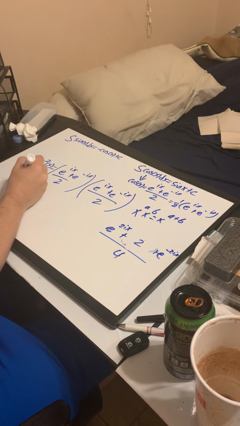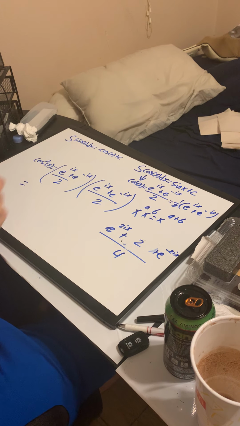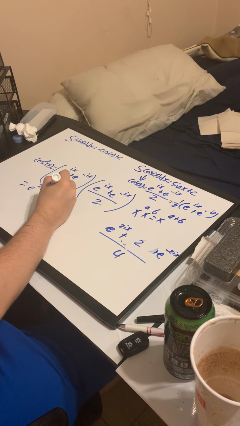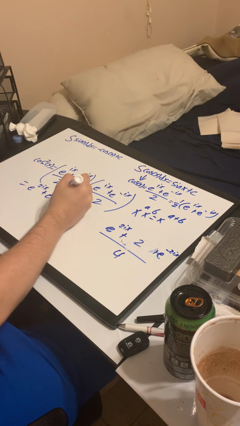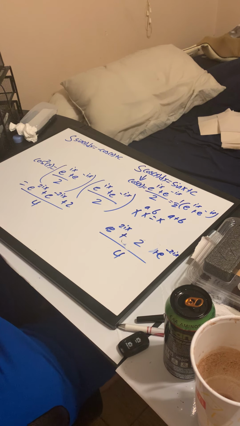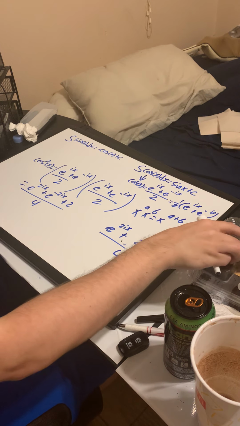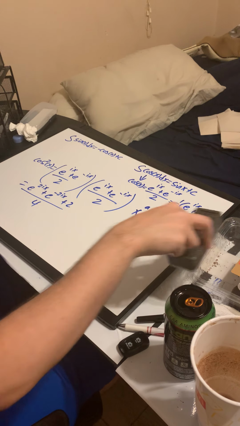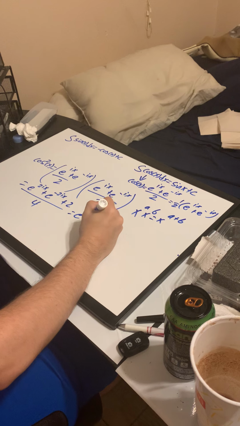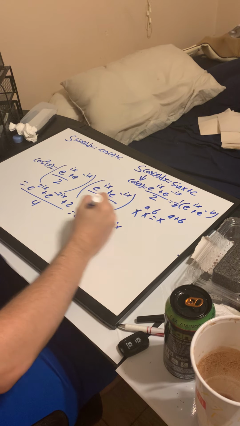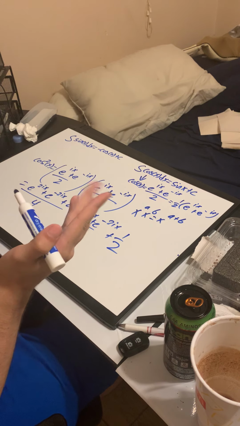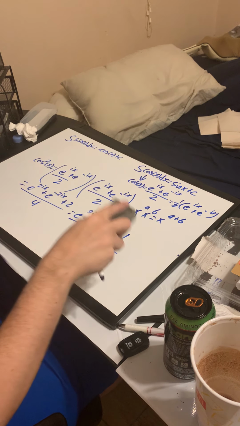Now we can say cosine squared of x is e to the 2ix plus e to the negative 2ix plus 2, all over 4. And you can simplify this down in whatever way you want to. I'll just showcase some examples. We can say this is e to the 2ix plus e to the negative 2ix over 4 plus 1/2. Does it really help you? Not really, right? Because I'll showcase why.